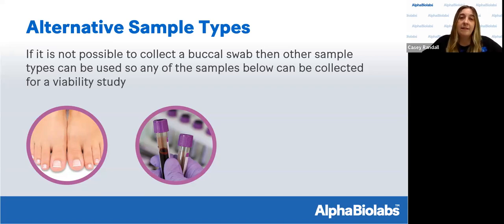In these cases, we can use nail clippings, either fingernail or toenail clippings. We can use blood samples, or we can use tissue samples. All of these sample types can be collected by an independent third party so that the chain of custody is intact, and the samples can be sent directly to the laboratory so that chain isn't broken. So we can collect these samples and use them for legal purposes.